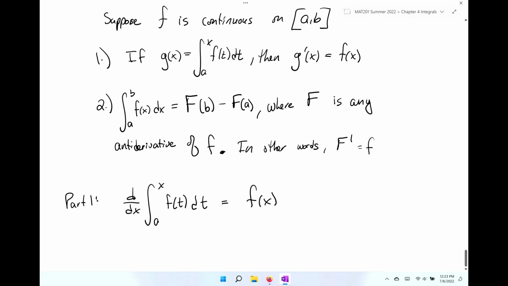An example would look something like this.